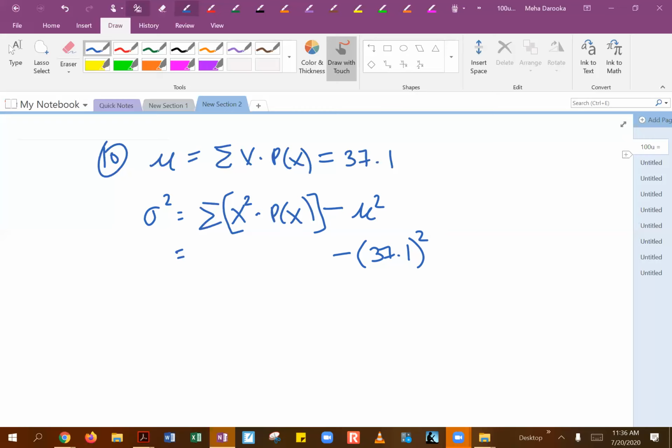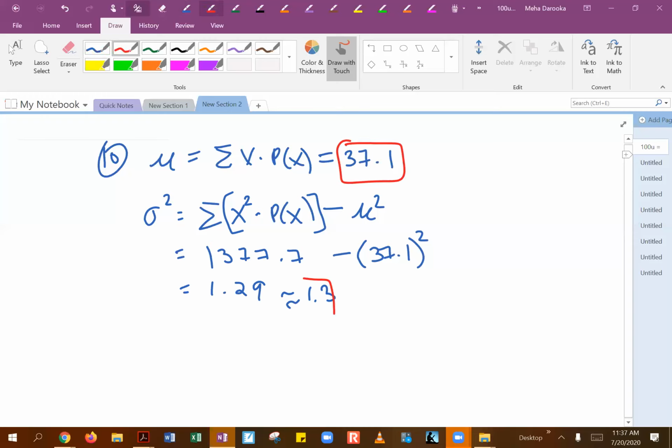Alrighty, 1.3. Let's see, so 1,377.7, you are subtracting 37.1 squared from it. Okay, very nice. Yeah, so your raw answer would be 1.29, which again, using our rounding rule, would round up to 1.3. So we've got our mean, we've got our variance.